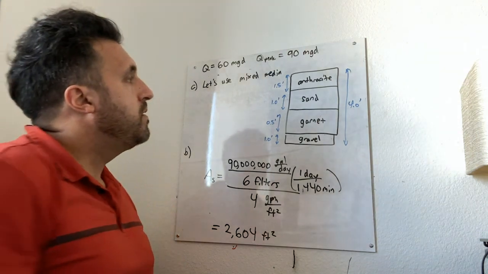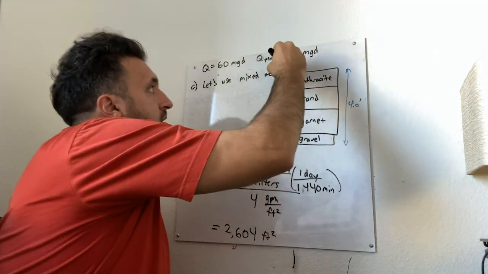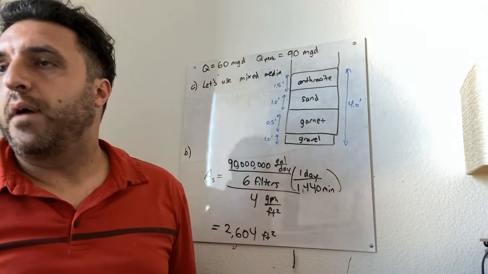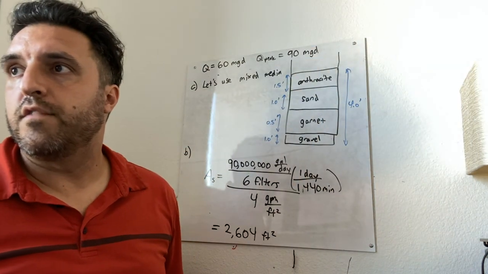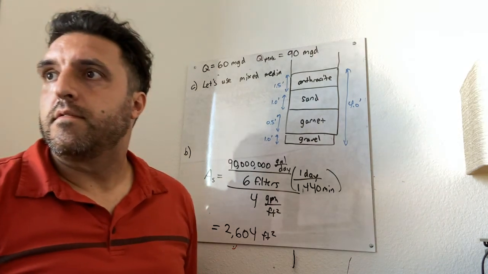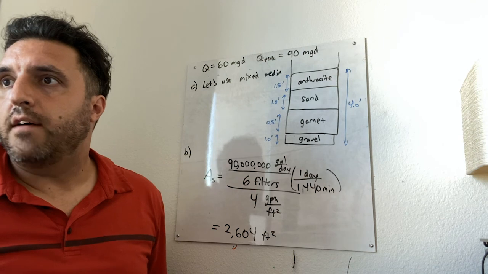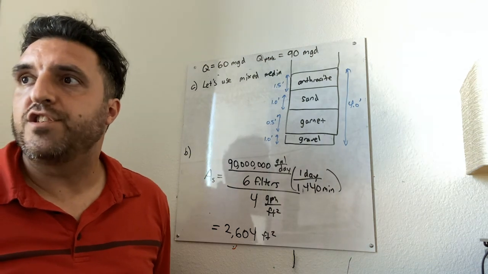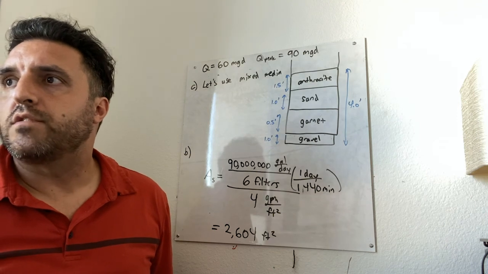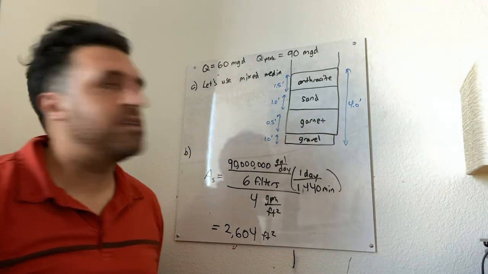Now, don't forget that we need some extra distance above the media for freeboard. We've got 1.5 to 2 feet of freeboard. Let's use 2 feet. And we've also got the distance from the top of the media to the bottom of the trough.